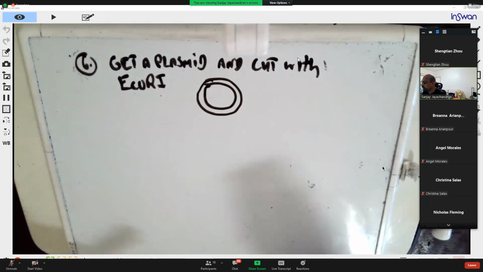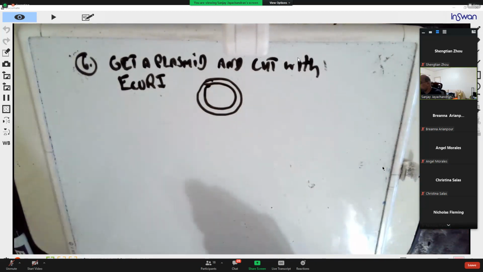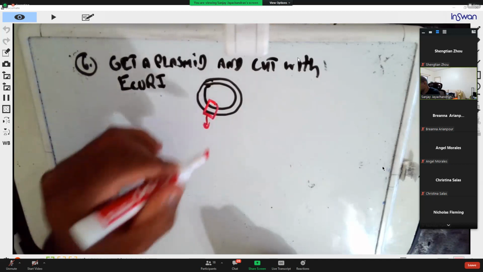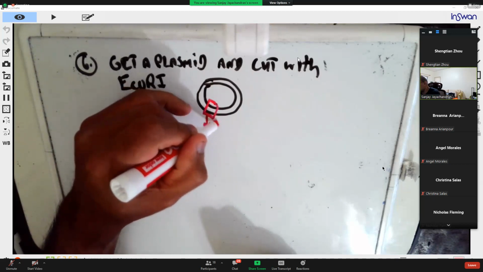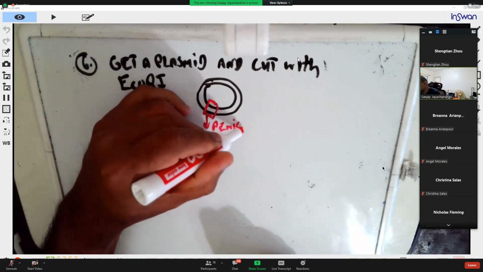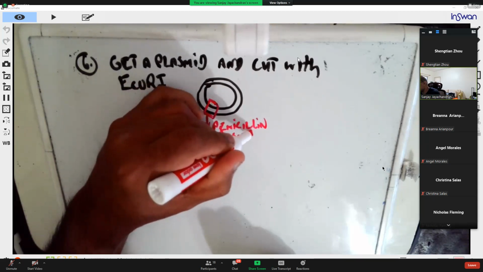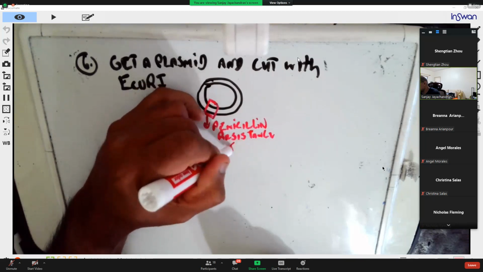Okay, this plasmid is going to come with an antibiotic resistance gene. So this box over here is the penicillin, as an example, penicillin resistance gene.